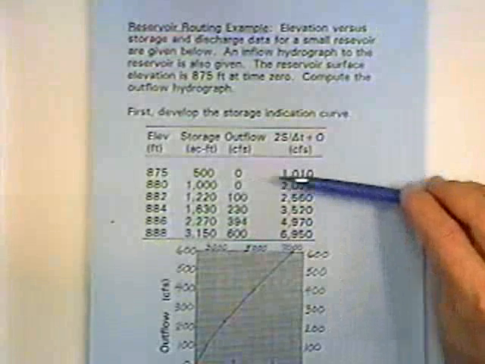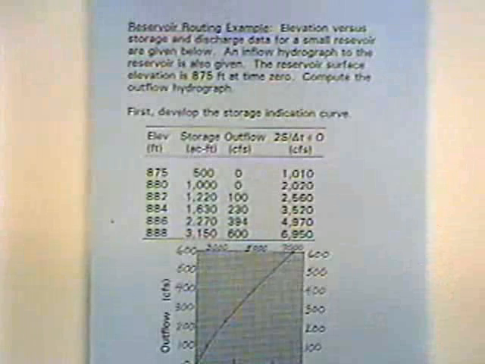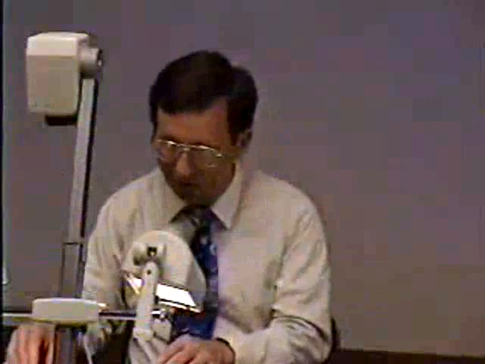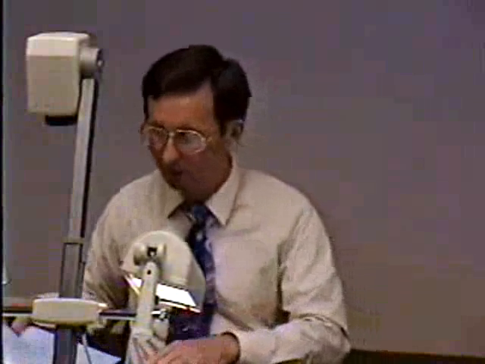Then we've got a relationship between outflow and 2S over delta T plus outflow, which I've plotted up here. And then knowing that relationship, it's the same problem as before. Given the inflow hydrograph, we plug into the continuity equation.